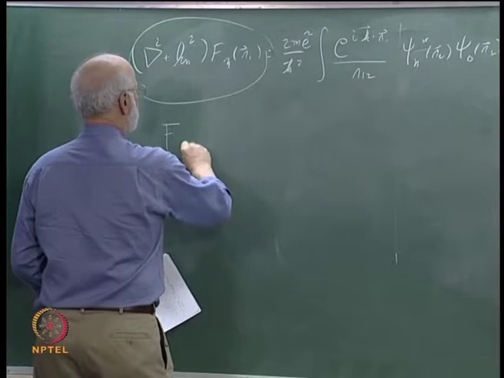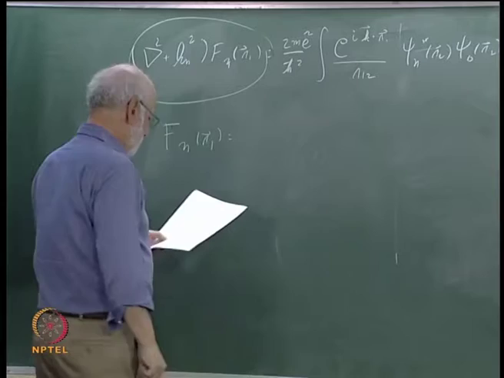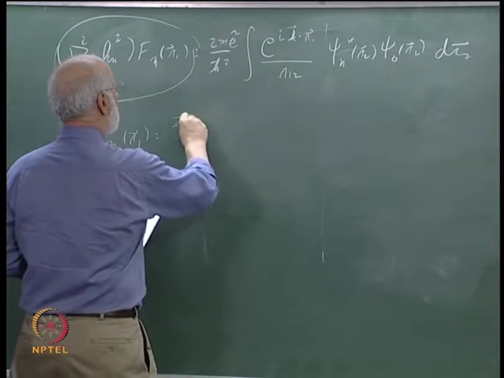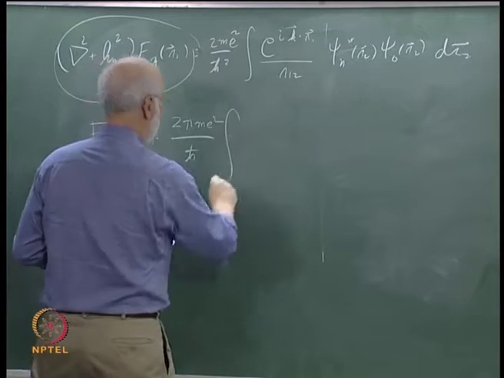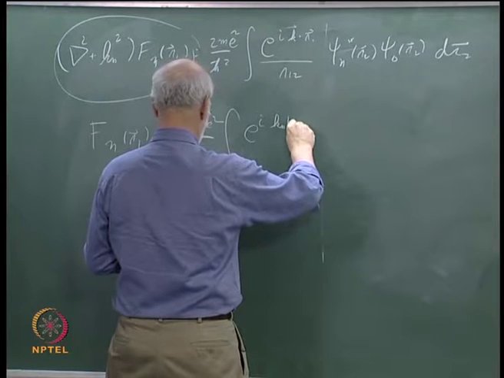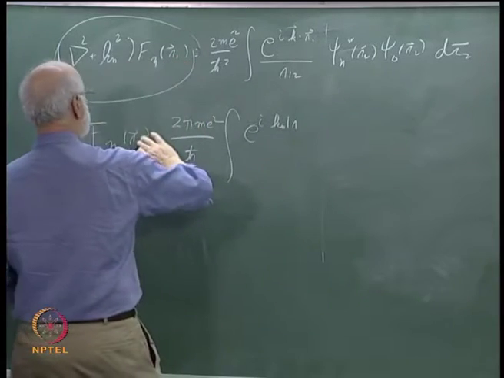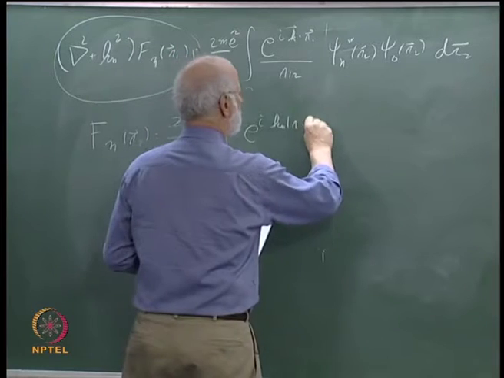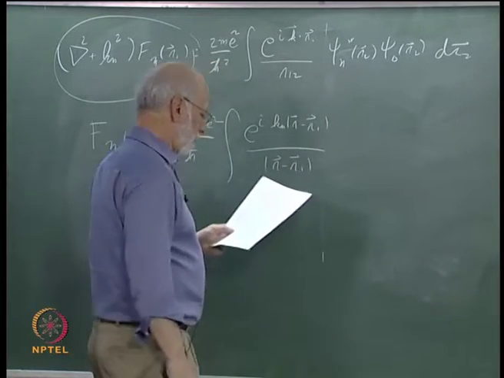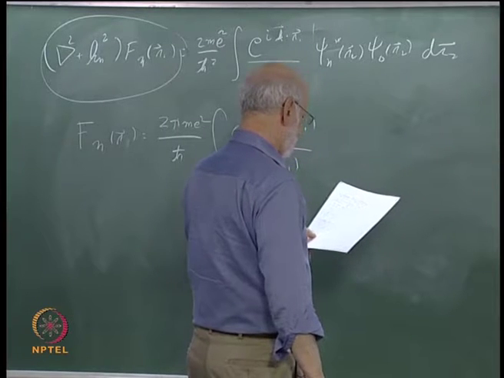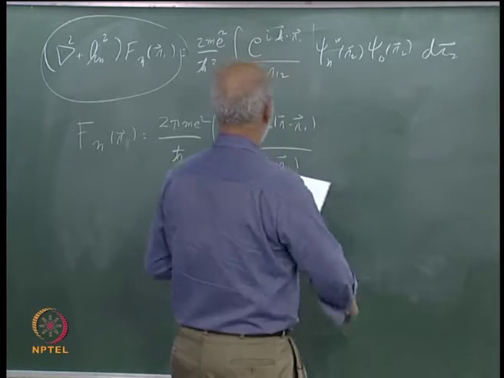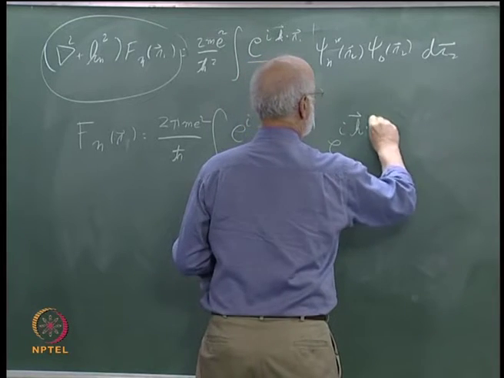Fn of R1 is equal to 2 pi m e squared over h bar squared, the integral e to the I kn, or let me write this as r minus r1, e to the I k dot R1.